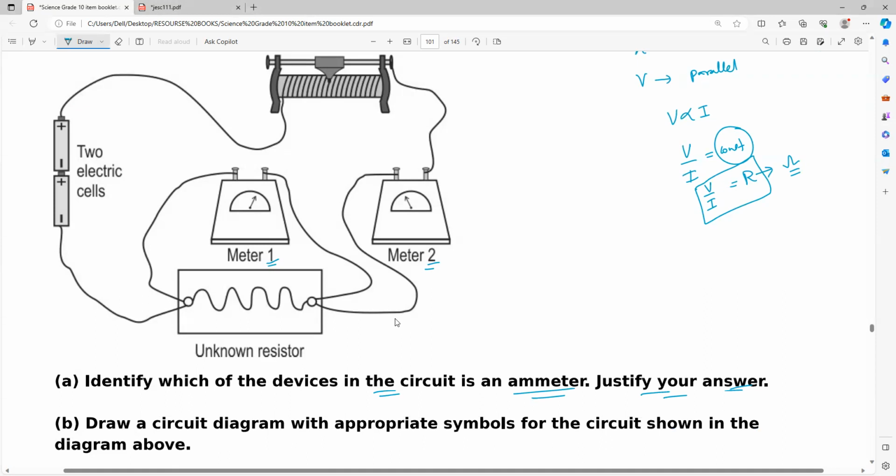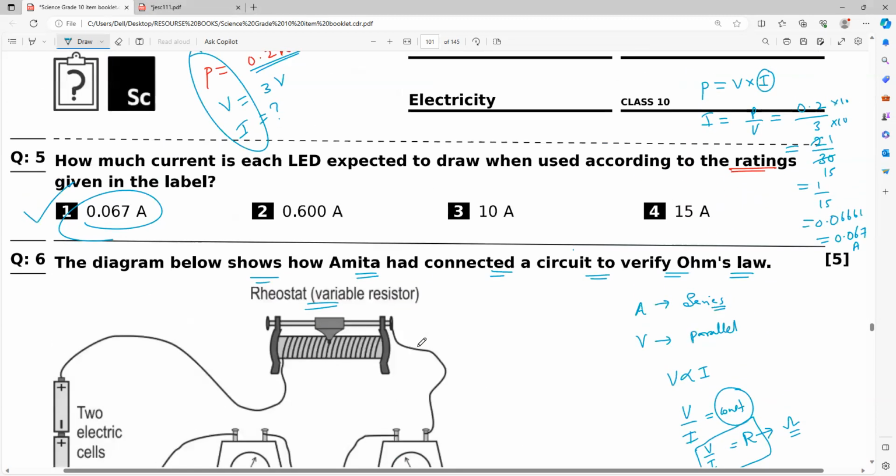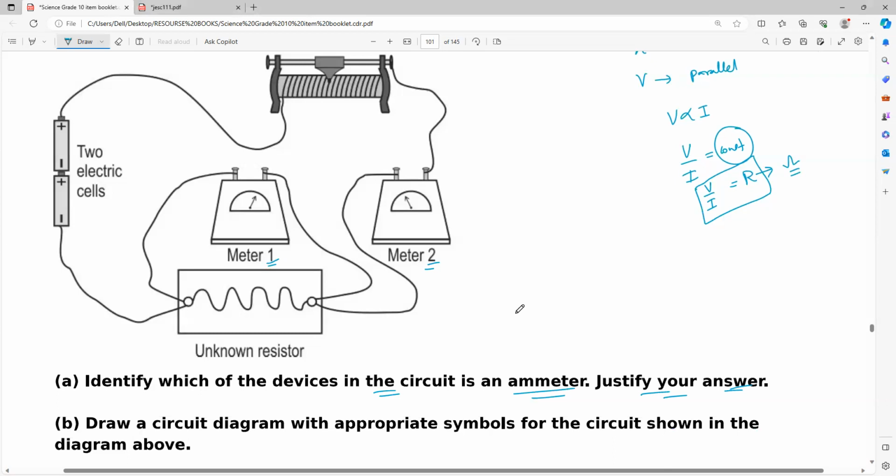Ammeter means it must be in what connection? Series connection. So which is in series with the resistor, meter 2 or meter 1? You all should find fast. Meter 1 is parallel with the resistor, and meter 2 is in series connection with the resistor.